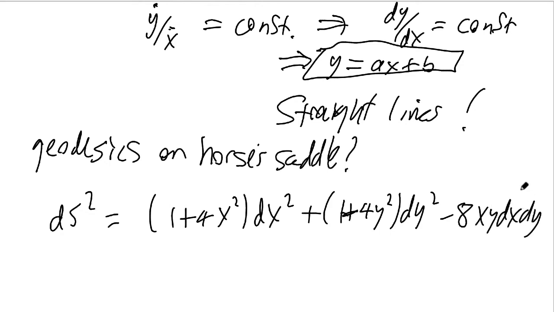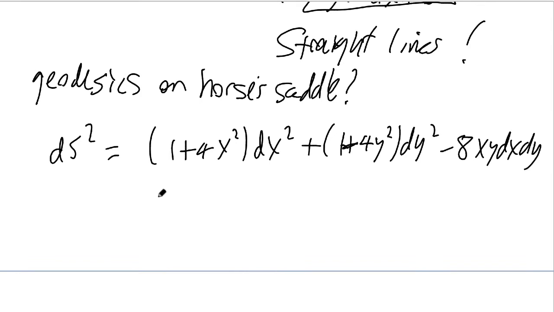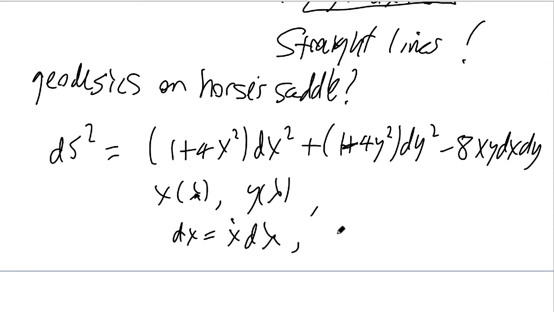All right, so we would just consider some generic path or curve, x of lambda, y of lambda. Then dx can be written as x dot d lambda, and dy is written as y dot d lambda.